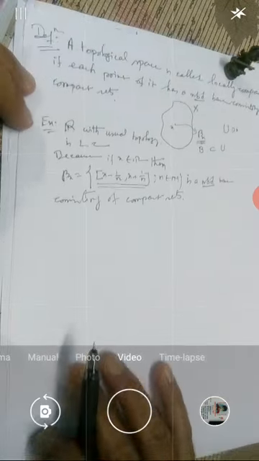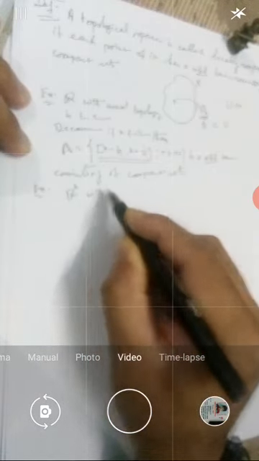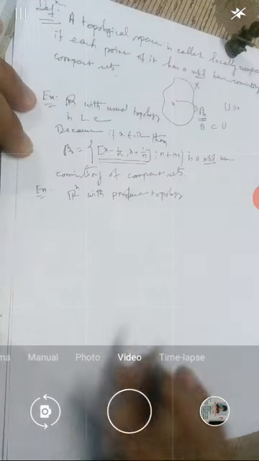Another example is Rn with product topology or box topology. Or you need product topology. This is also locally compact.